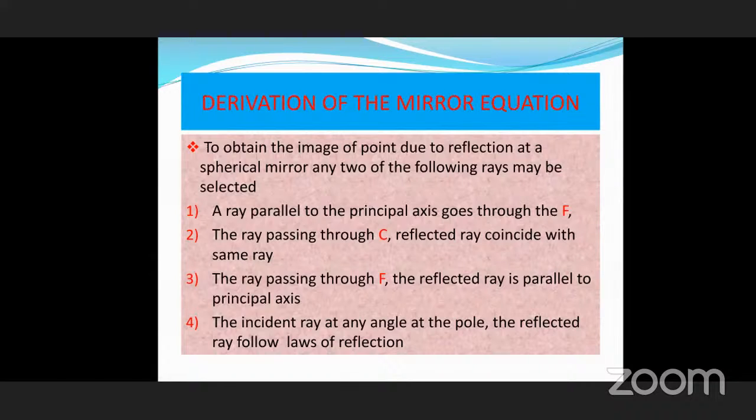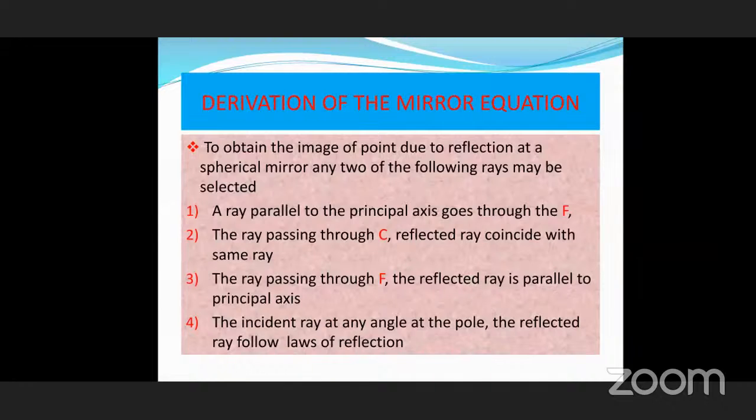Otherwise, you can use the third one, the ray passing through F, which is just vice versa to the first one. If the ray passes through F, after reflection it goes parallel to the principal axis. These three are the most important rays we have to consider.